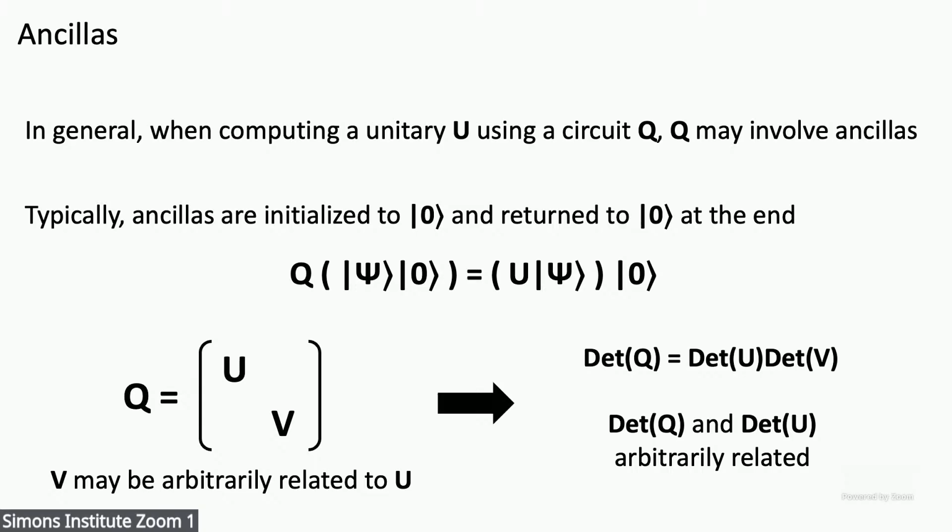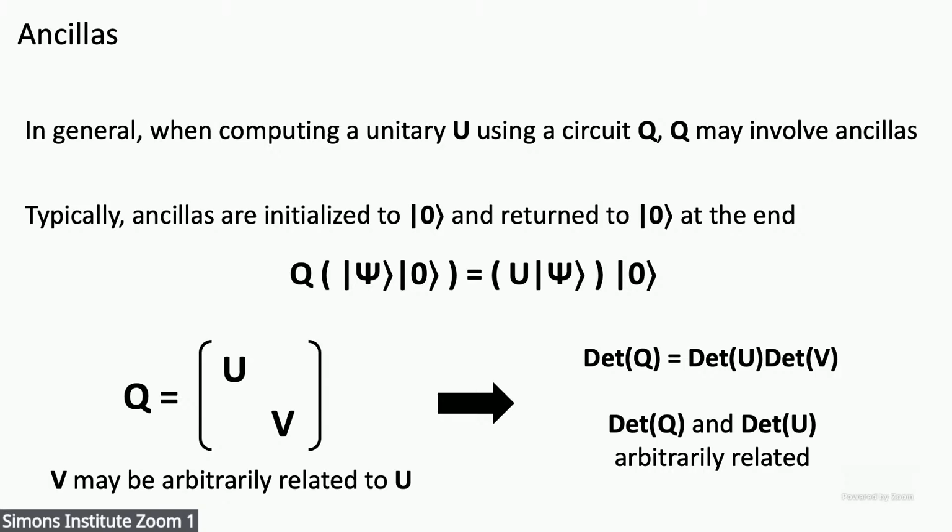So there's no cross terms here. So for the basis states that have a 0 in the end, I am actually implementing u. And then for everything else, I'm implementing something else, v. And it just depends on the circuit. It could be arbitrarily related to u. There's no reason for this v to have any relation with u.